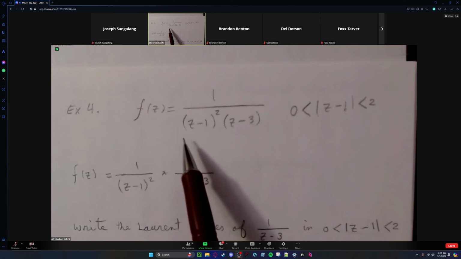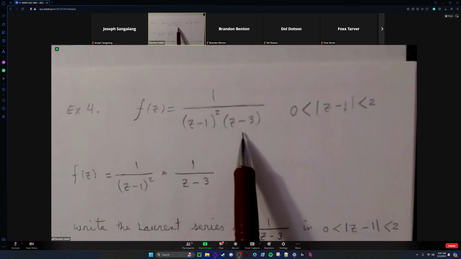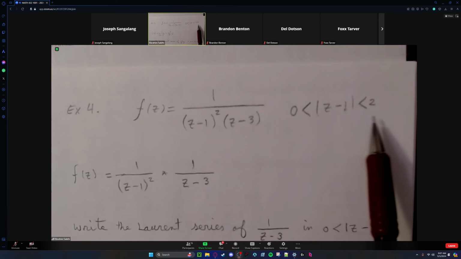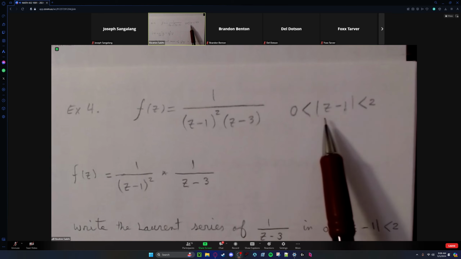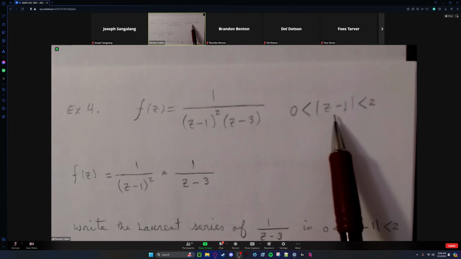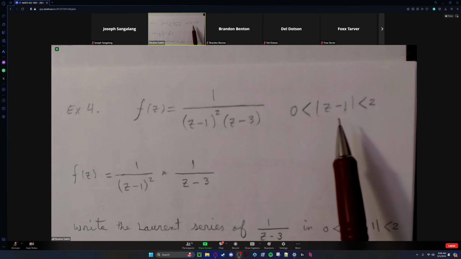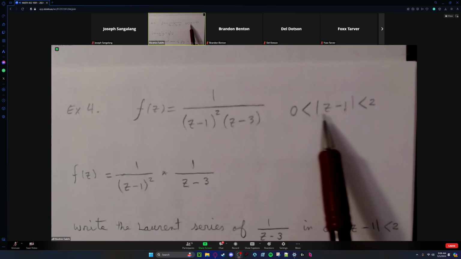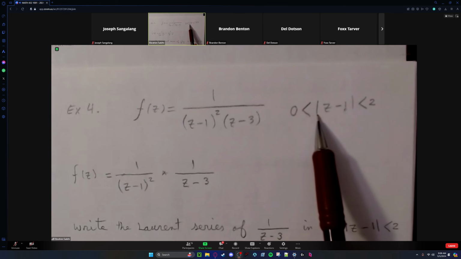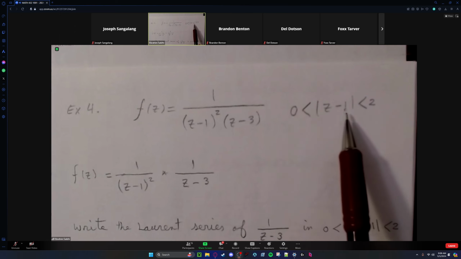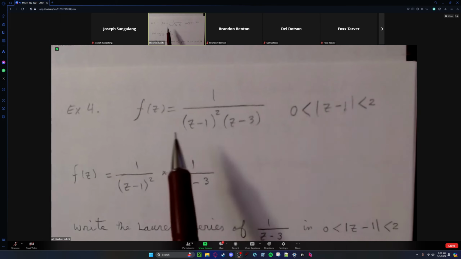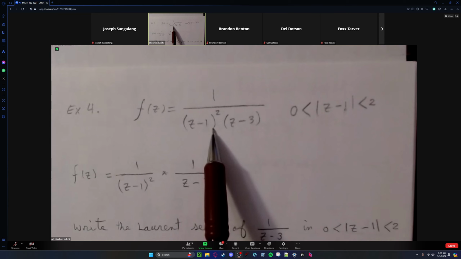We want to write the Laurent series of this function, valid in here. Oh, look, this is giving you the hint that you want it in powers of z minus 1. So when we want it in powers of z minus 1, we don't mess with this. It is already in powers of z minus 1.